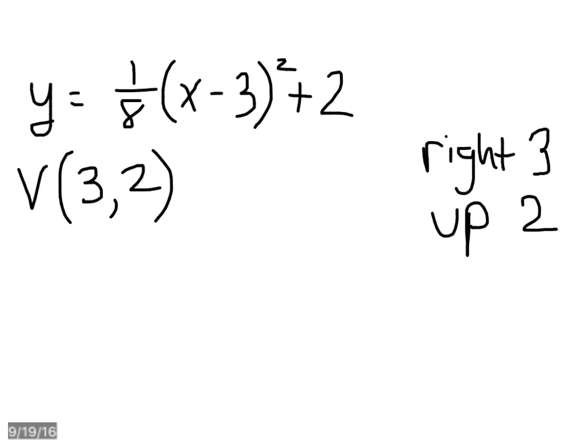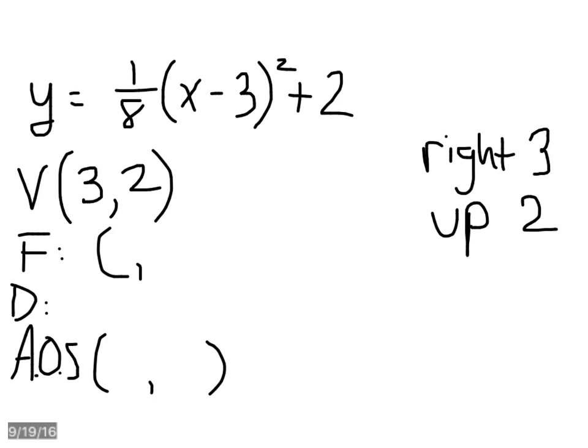Now, as far as finding where the F and the D and the axis of symmetry is, the first thing I want to know is how far is the p? So what's the fraction that's in front of the parentheses? 1/8 equals 1 over 4p. Solve for p.